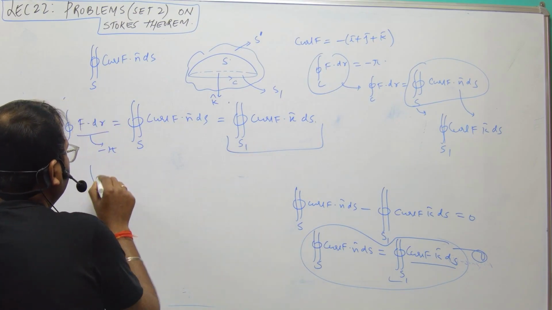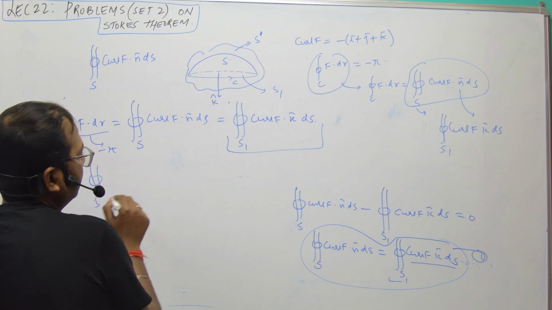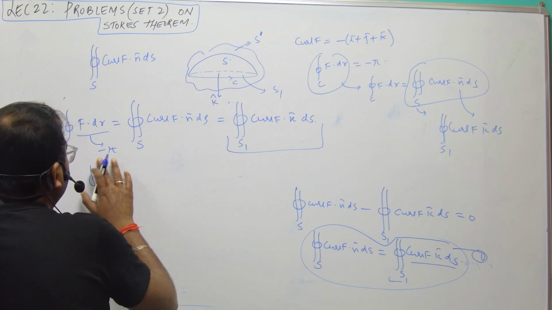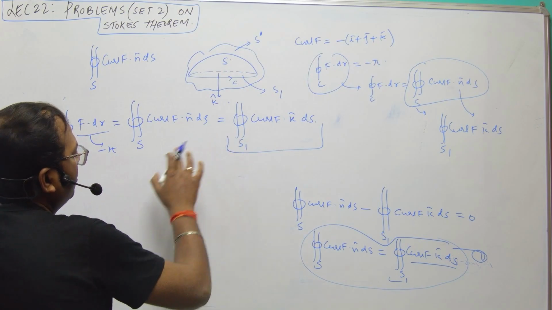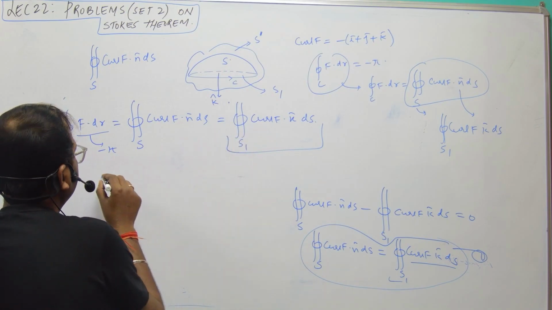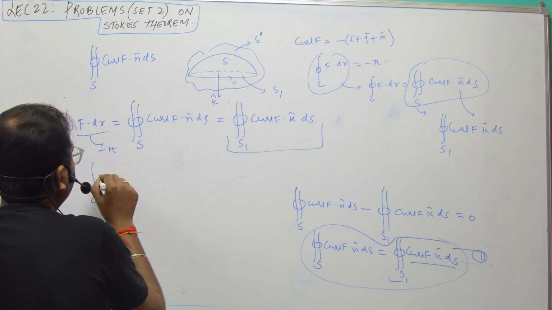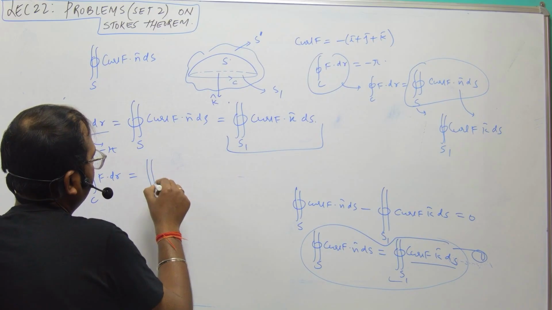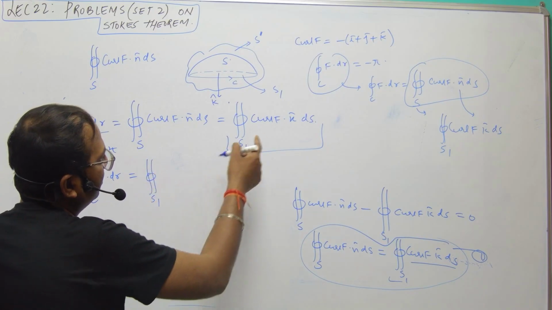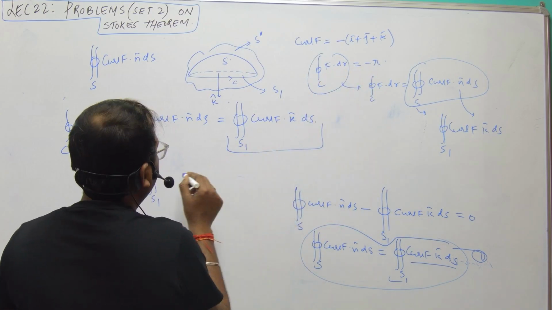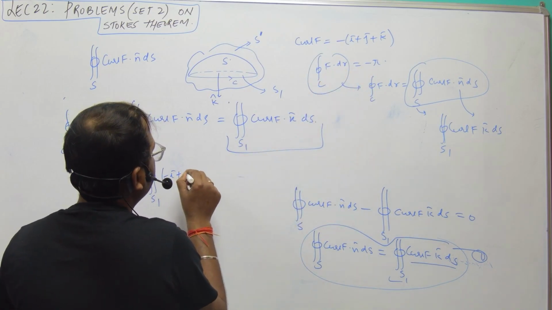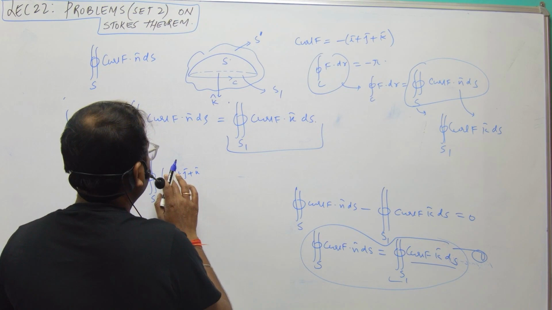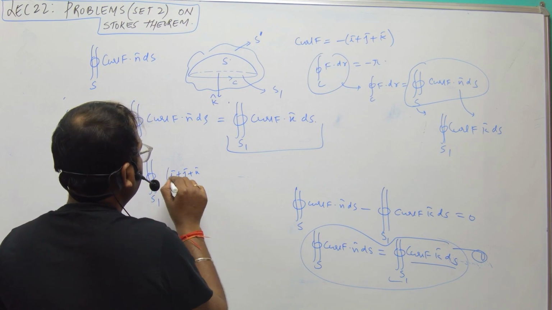So along the curve C, f dot dr is equal to the integral along the surface S1 of curl of f dot k cap ds. Let us place the value of curl of f. Curl of f is minus i cap plus j cap plus k cap. Sorry, the minus is outside.